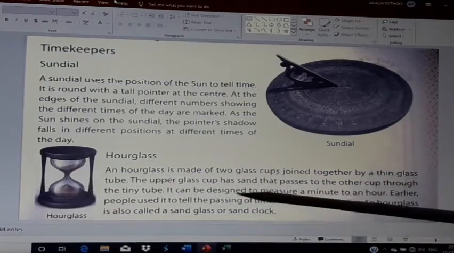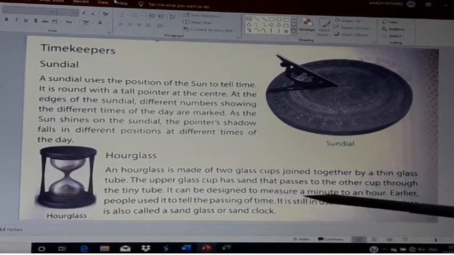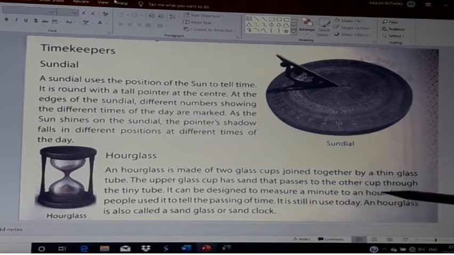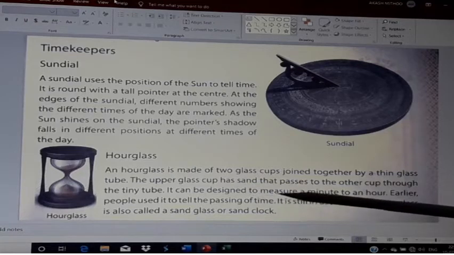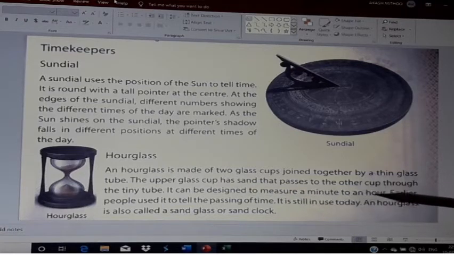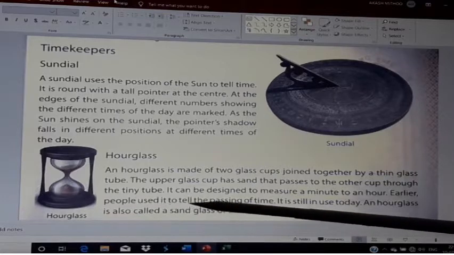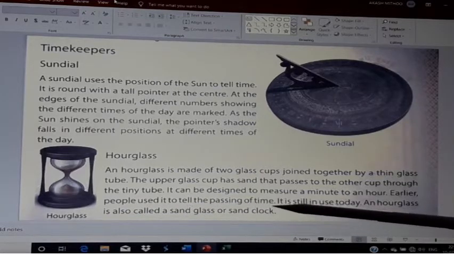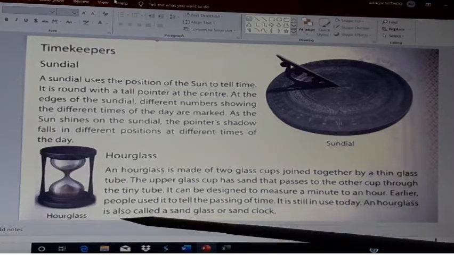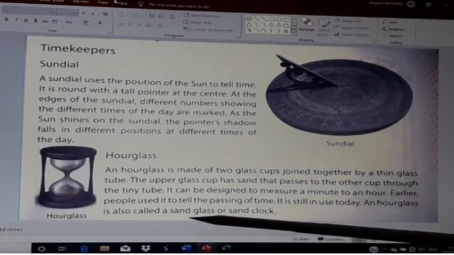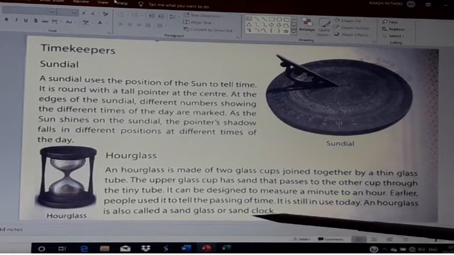It can be designed to measure a minute to an hour. Earlier, people used it to tell the passing of time. It is still in use today. An hourglass is also called a sand glass or sand clock.